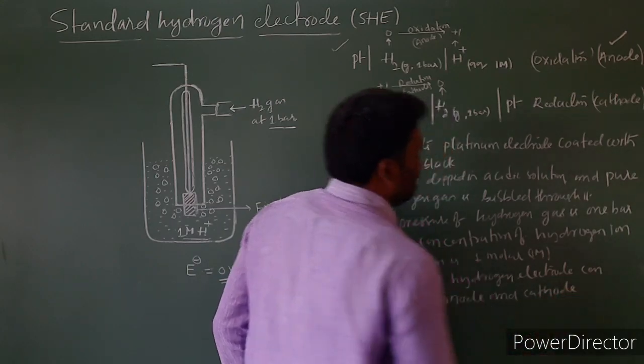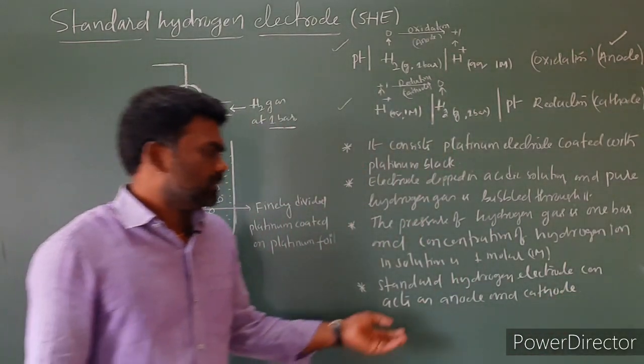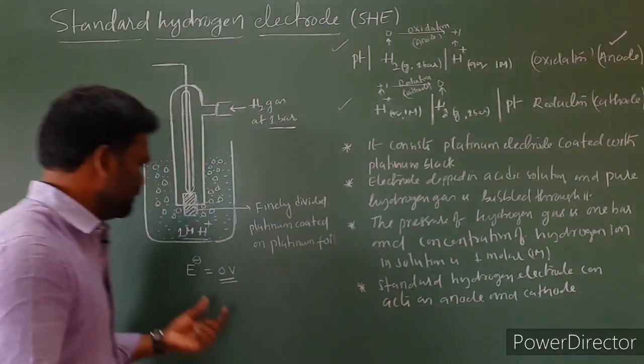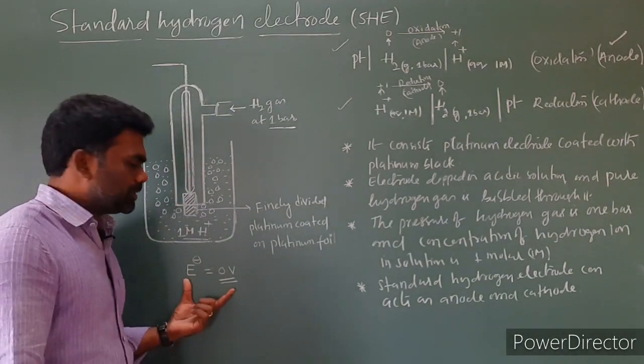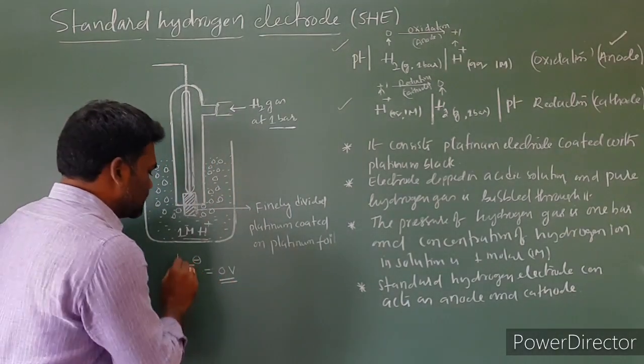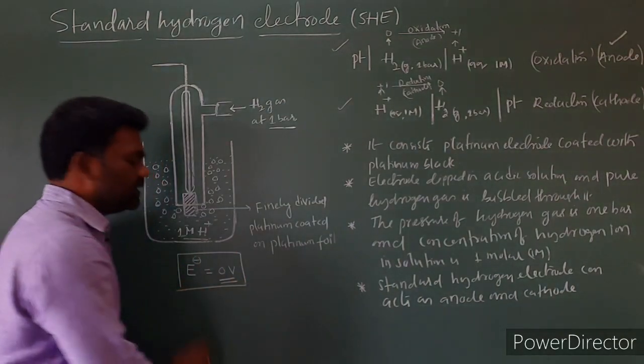And its standard electrode potential is 0 volts. The standard electrode potential of the hydrogen electrode is 0 volts.